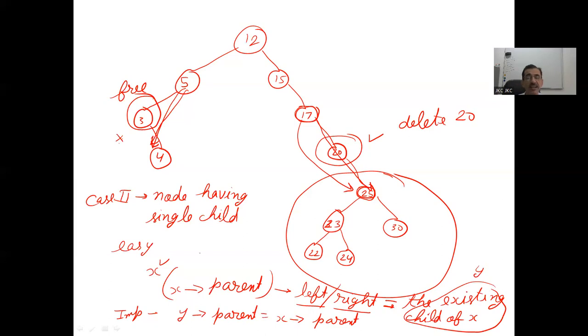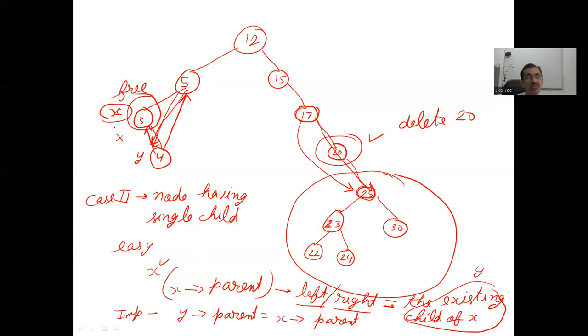What I'm saying is, say X is 3, X is being deleted, and this is Y. Earlier Y's parent was this, but because X will now be freed, Y's parent should become 5.